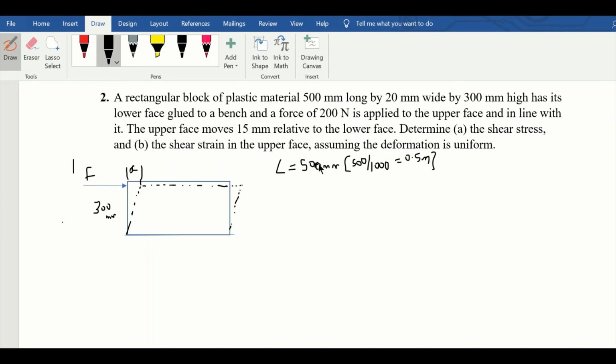We have the width. The width of the material is 20 millimeters. We convert this to meters, which is 20 divided by 1,000. That gives us 0.02 meters.